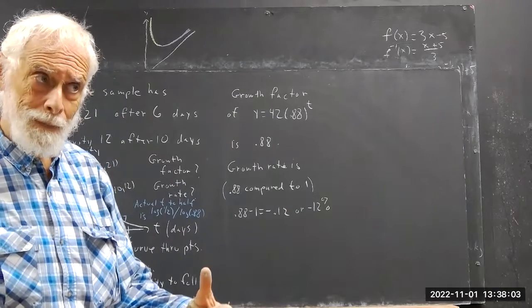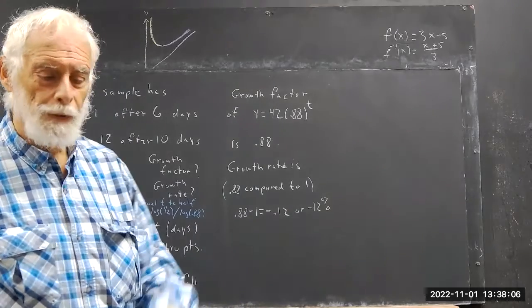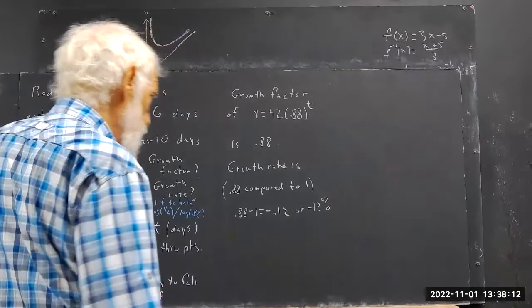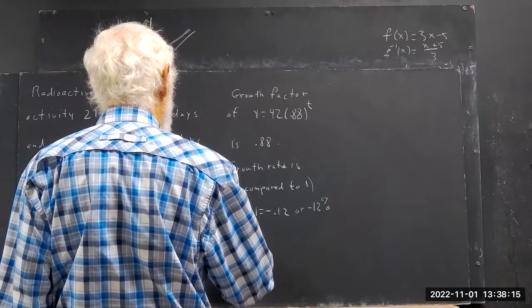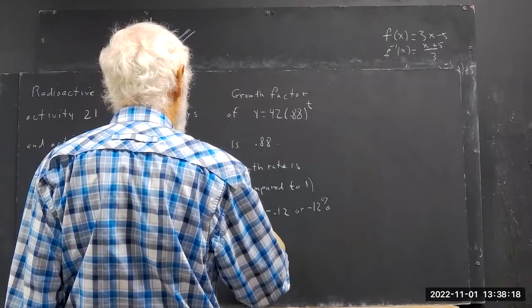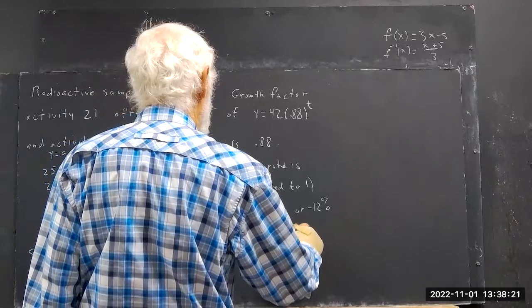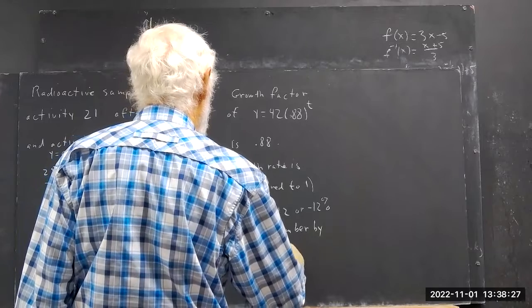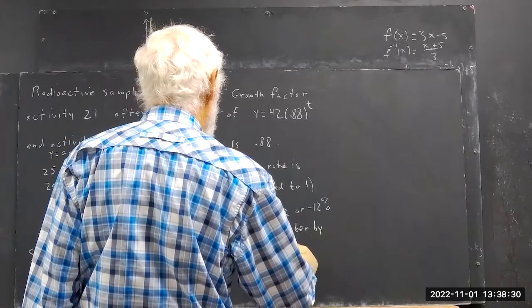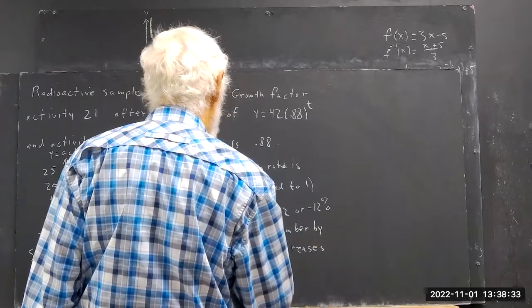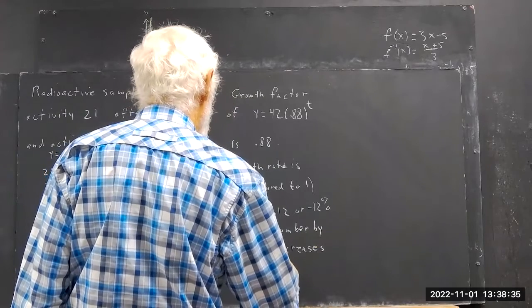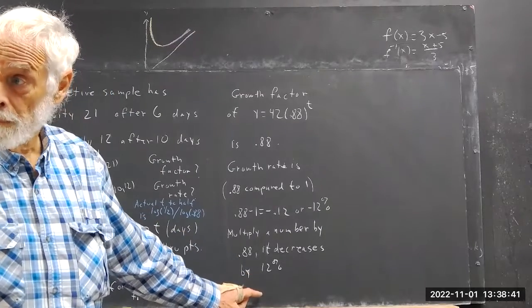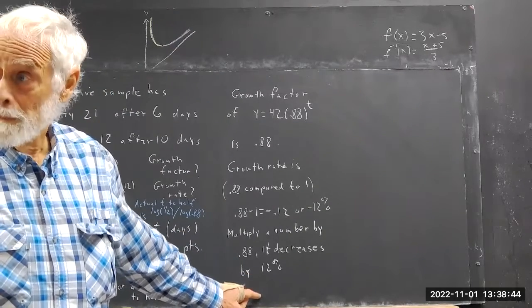Does that make sense? Well, yeah. If you multiply something by 0.88, it gets 12% less. So to understand this idea of growth rate, you multiply a number by 0.88, that number is going to decrease by 12% because 0.88 is 12% less than 1.